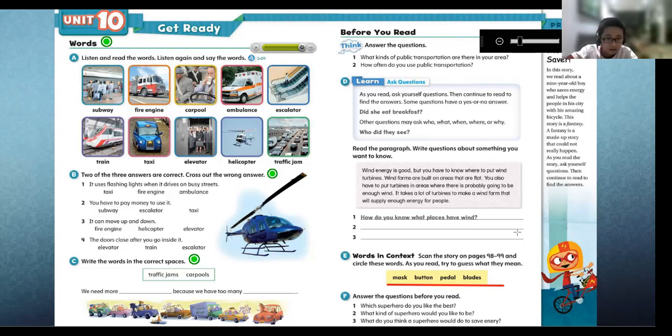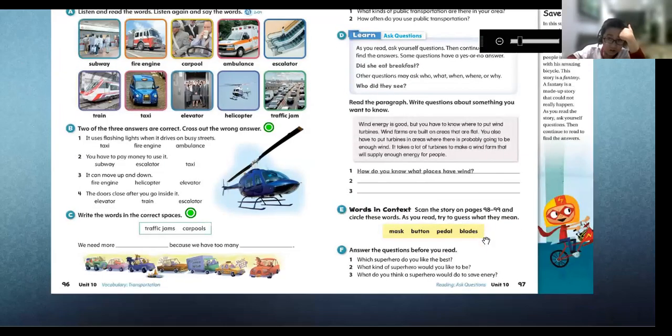Yes, a wind turbine blade. Okay, that's right. So you can see these words in the story. I want you to remember this one.